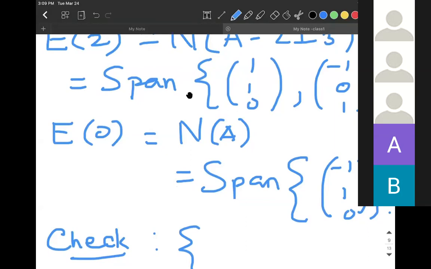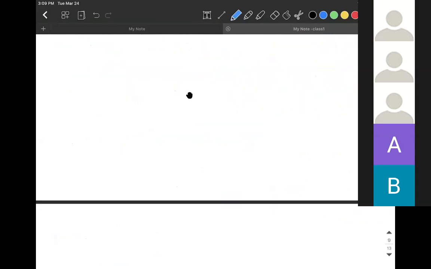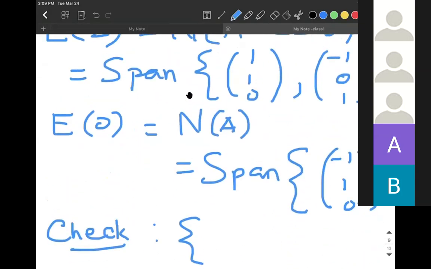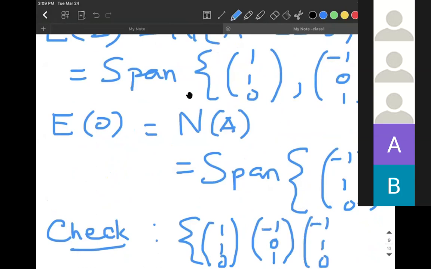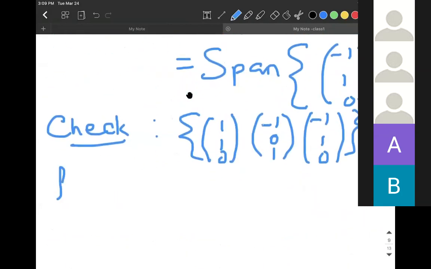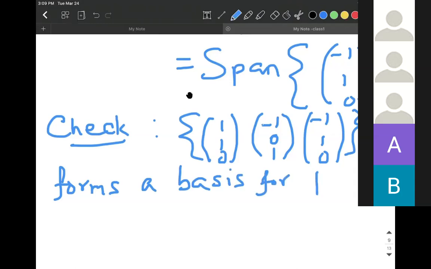So if you collect them, so 1, 1, 0, minus 1, 0, 1, and minus 1, 1, 0. So check that this forms a basis for R3 in this case. Okay, so this I leave for you to do.